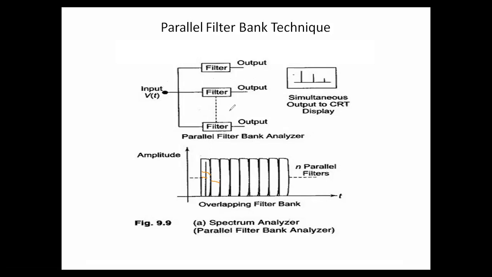Suppose this filter is designed for the frequency range of 200 to 210 hertz, and the applied input signal has a 205 hertz frequency component. That signal will pass through this particular filter.